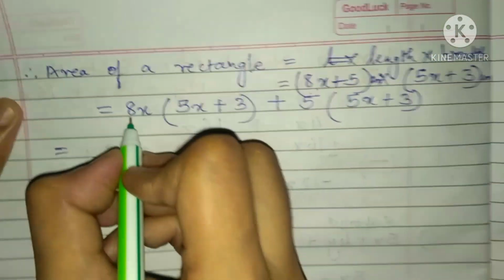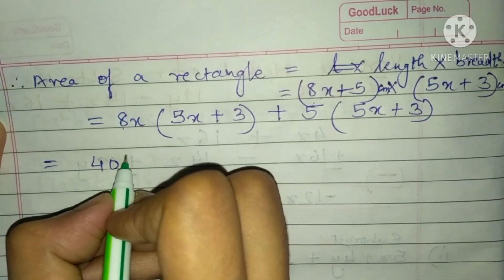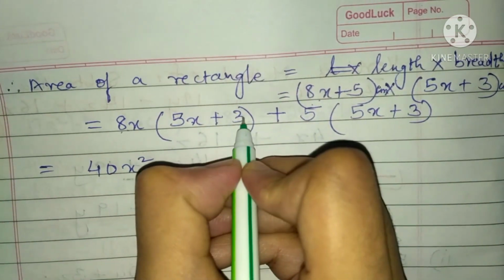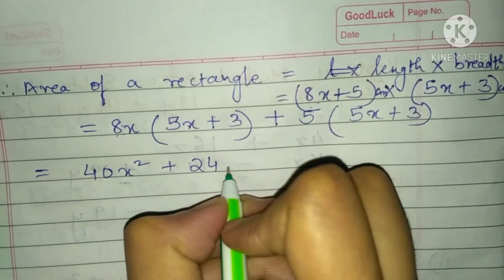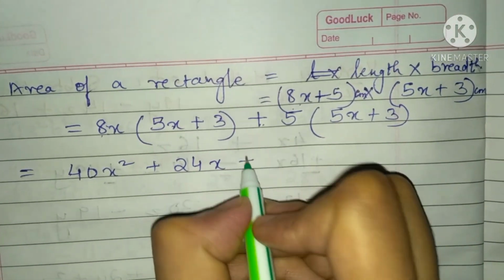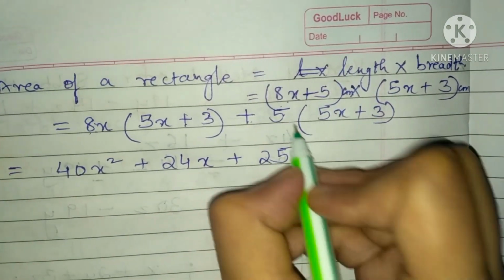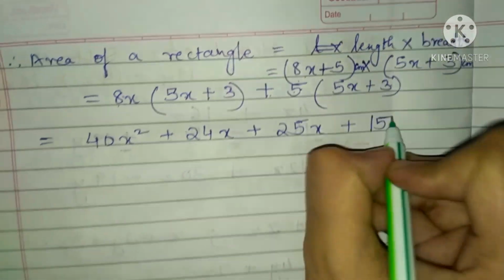So 8x, now you will open up: 8x into 5x is 40 and x into x is x square. 8 into 3 is how much? 24, so plus 24x. And plus 5 into 5x is 25x. Here 5 into 3 is what? 15.